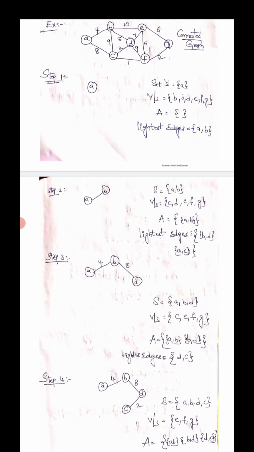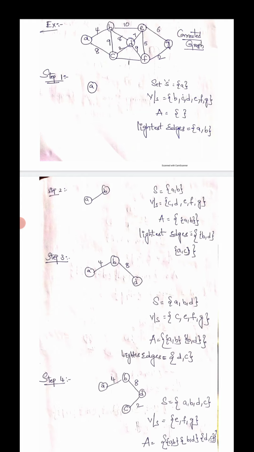Now write the lightest edge in step 2. A comma B is already there; I did not mention it here, but you can write A comma B. I made a mistake: I wrote A comma C, but sorry, A comma B is the answer.